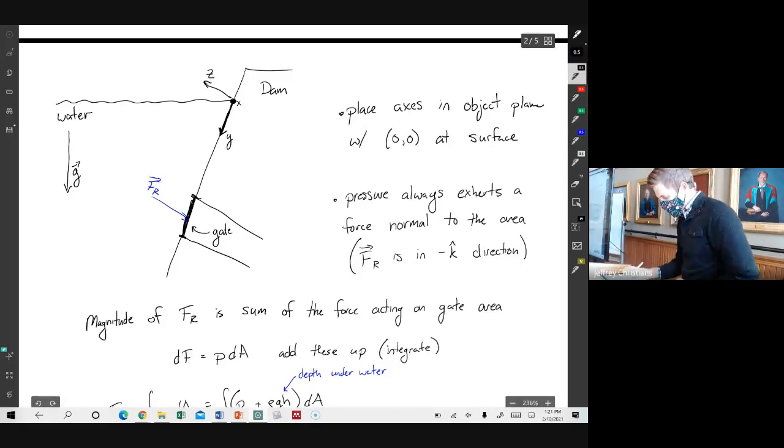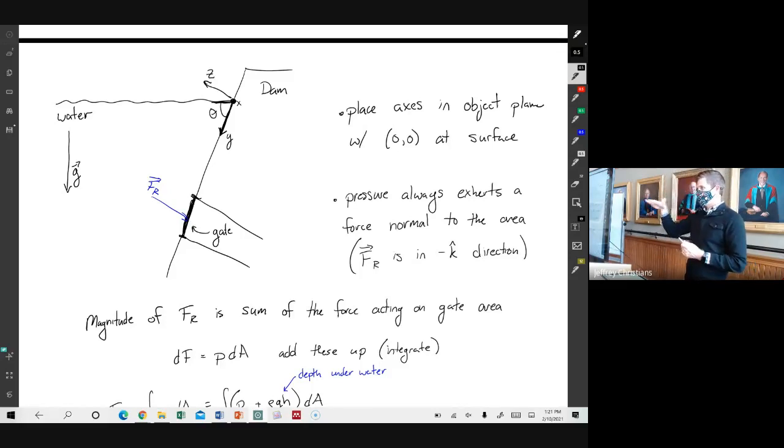If we look at this angle here as theta, the angle between our axes and the surface of the water: if that angle is 90 degrees, then yes, we are going straight down. If that angle is 75, we're not going totally down. So a meter in the y direction is not a meter down. Those are connected by how far we go in y times sine theta. That's how deep we're going.